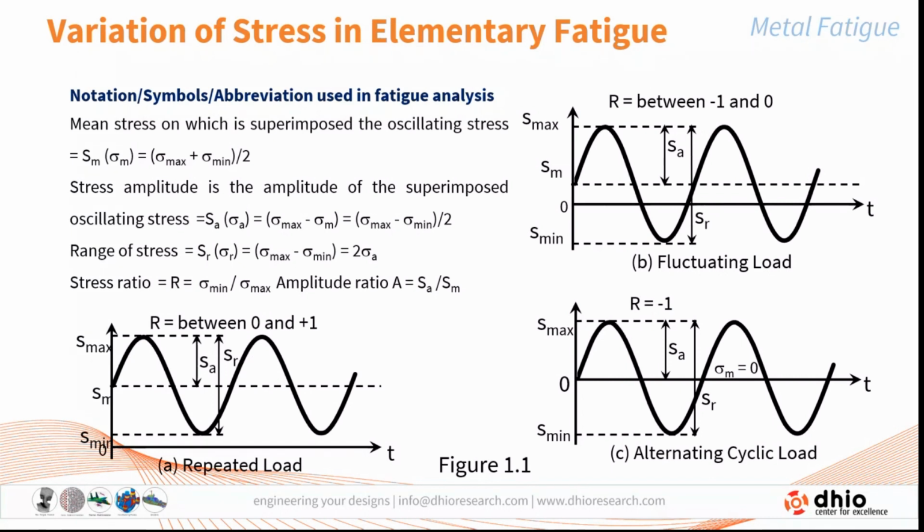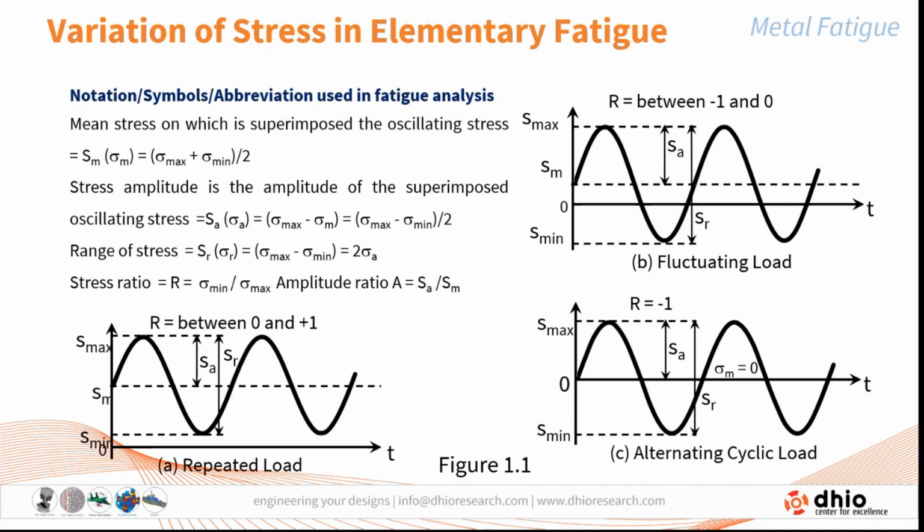Some of the notations, symbols or abbreviations which are used in fatigue analysis. We know that usually in the conventional method of design or in any mechanical systems, the stresses are abbreviated in terms of sigma for the normal stress and tau for the shear stress.